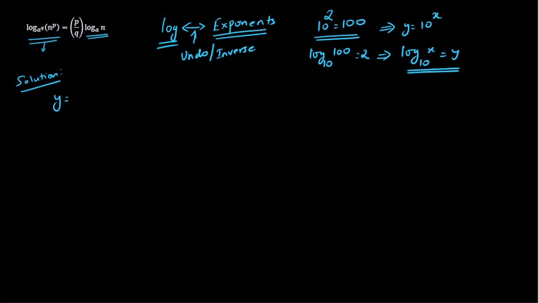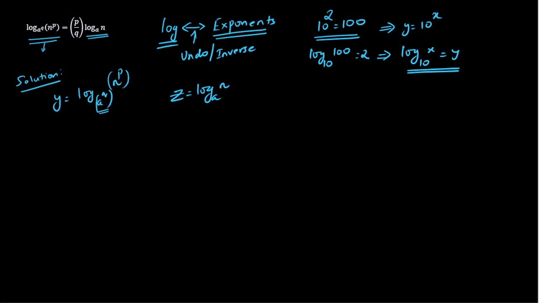Let's call it y: log n to the power p to the base a to the power q as y. And let's call a portion of the right-hand side, which is log n to the base a, as z.